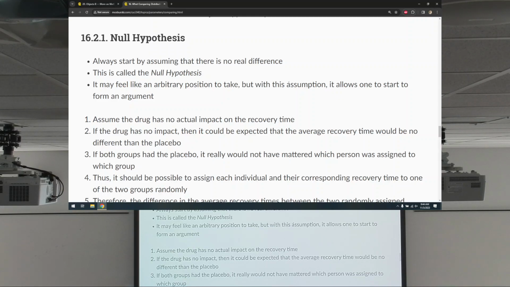If both groups had the placebo, it really wouldn't matter which person was assigned to which group. Would you agree? Let me say that again slowly. I've got two groups, and the recovery time of one group and the other group really should be no different.